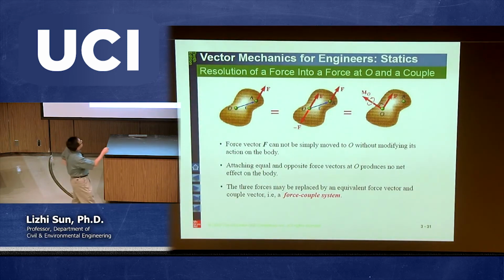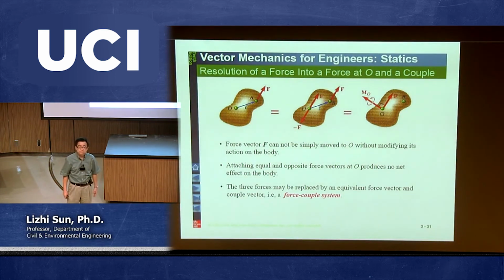You may ask, can I add the two virtual forces along the original force direction? Of course, not a problem, but you cannot solve the problem. Or can I add two forces at this point in another direction, the same magnitude but in opposite direction? Is this equivalent?